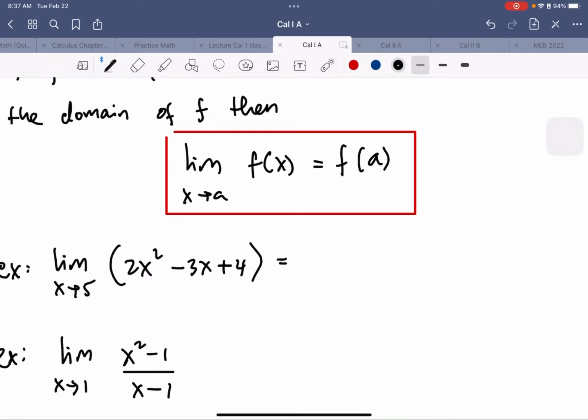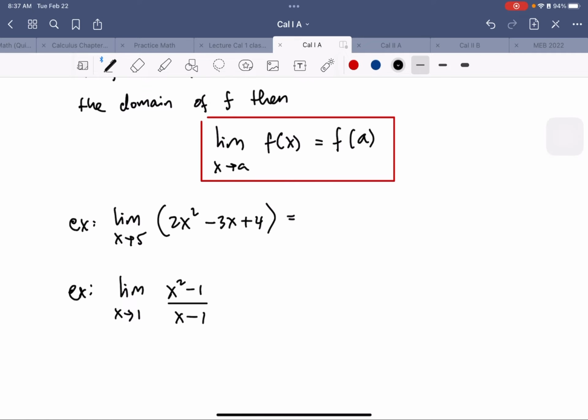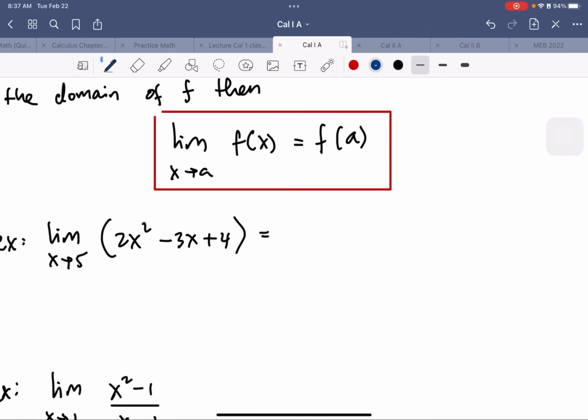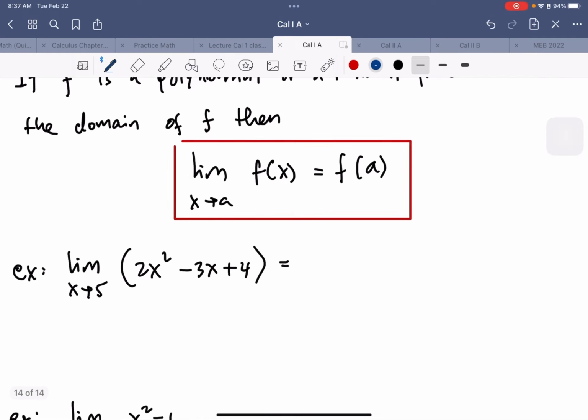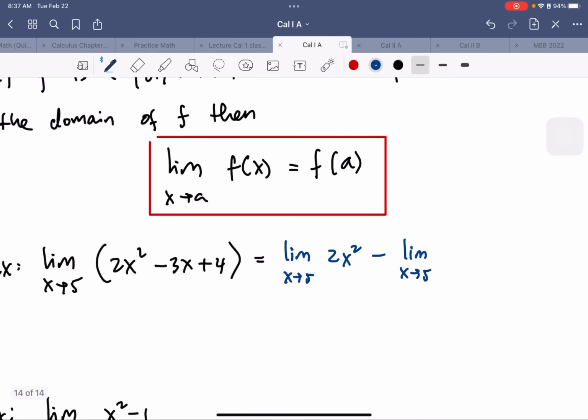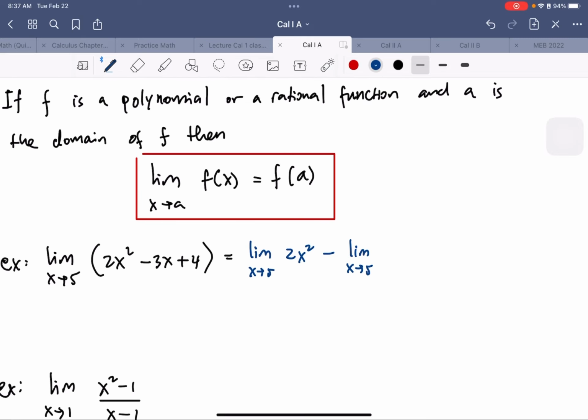If we want to see step by step how this can be solved, if you remember the property of the limit, then this will turn out like this. Let me show you slowly, and later, when we have already established our idea, I will skip some processes.